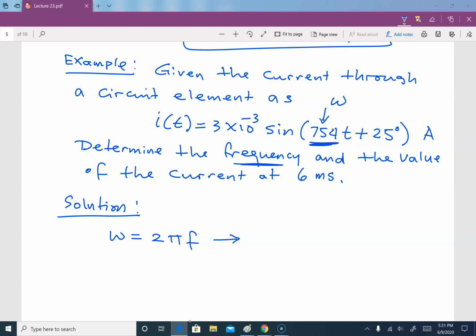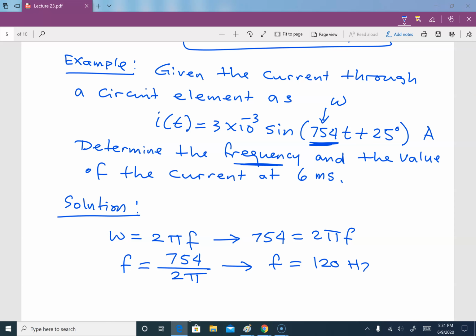That means 754 is equal to 2 pi f. And from that, we can find our f as 754 over 2 pi, and that will give us our frequency to be 120 hertz. So if we are asked about a frequency, then we know that the unit is hertz. If we are asked about angular frequency, then we should know that it is in radians per second. So now we found our frequency.